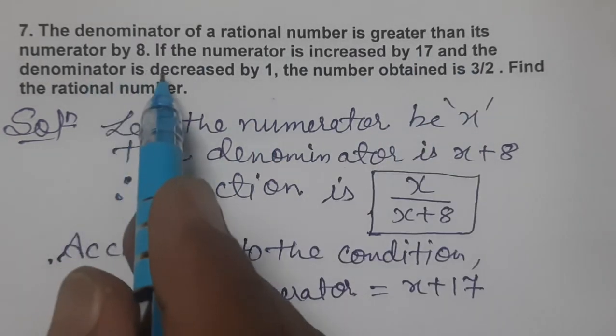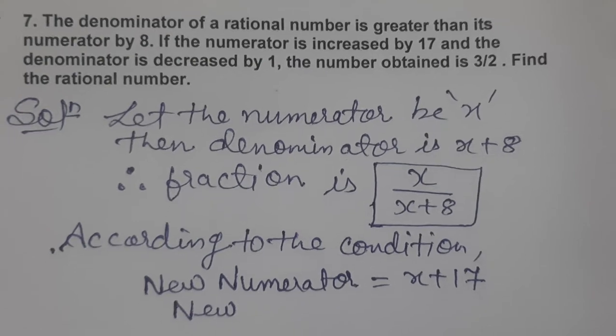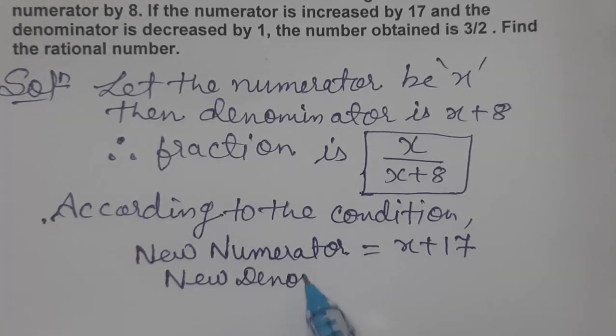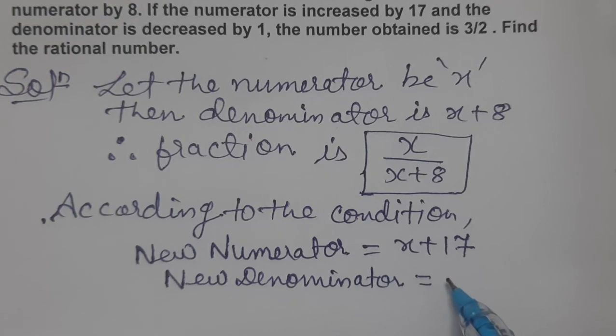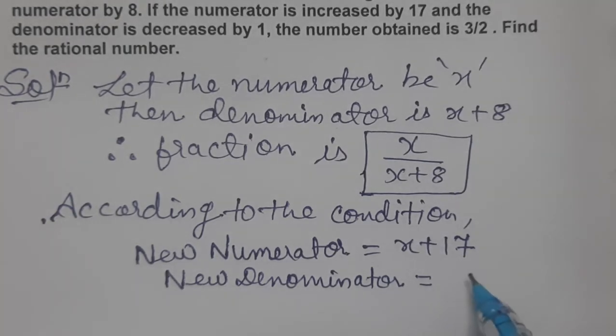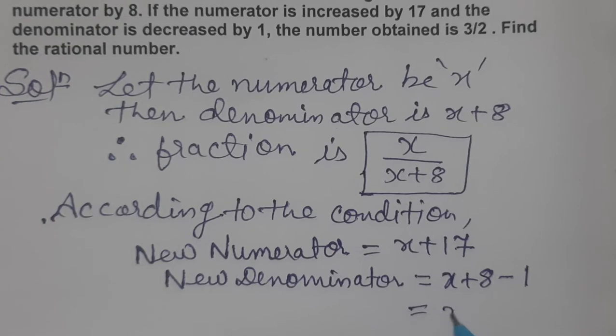And denominator is decreased by 1. So, what will be the new denominator? Decrease by 1 means we have to subtract. What is our denominator? X plus 8. So, we will subtract 1. That means what we'll get? X plus 7.